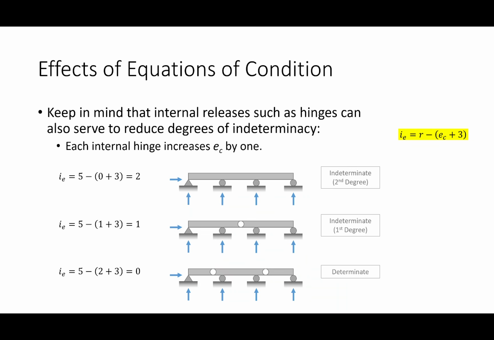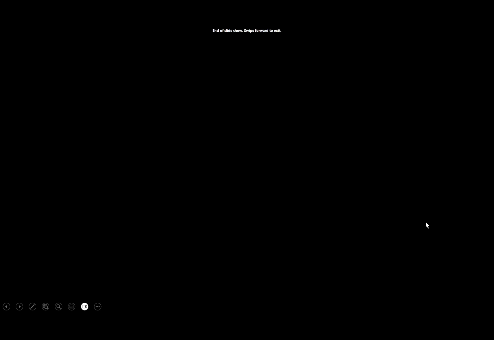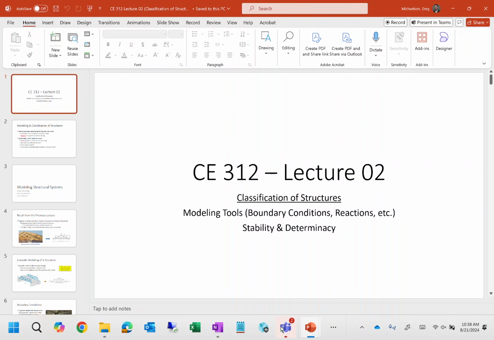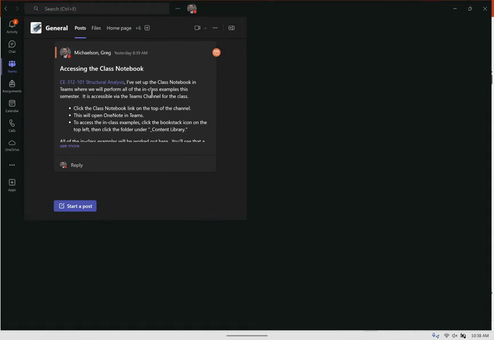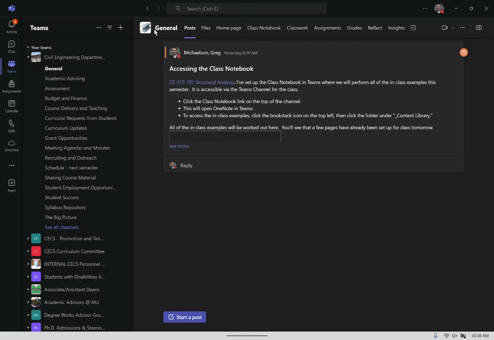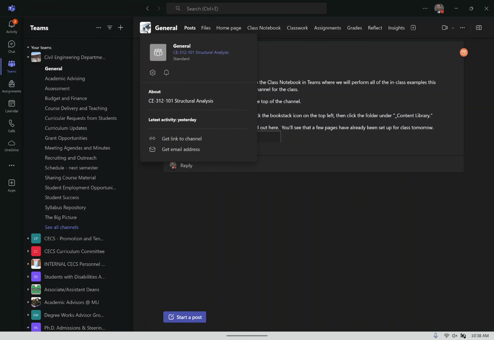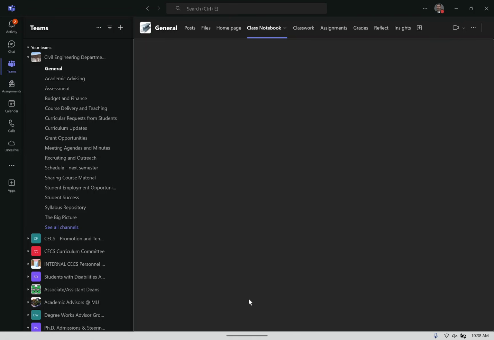I put a post on Teams on how to open the notebook. Did everybody see that? If you open Teams, go to the class that has a big I-beam icon. Go to the class notebook.